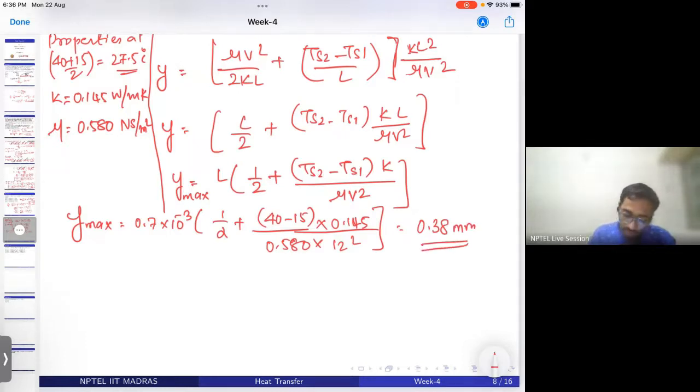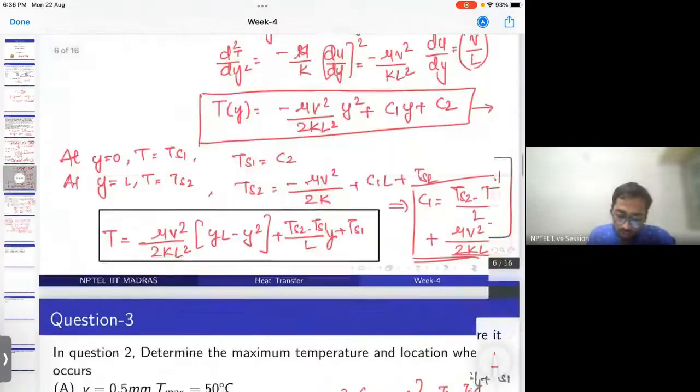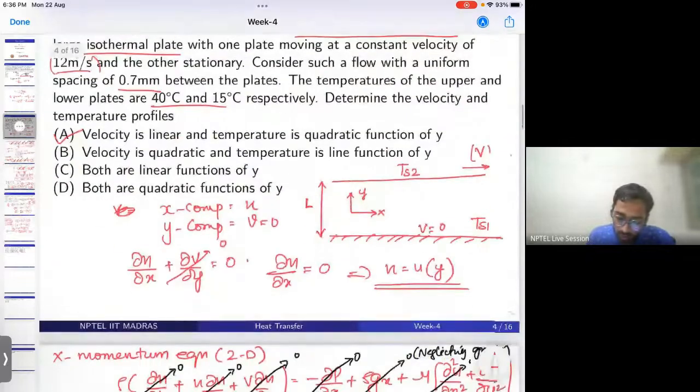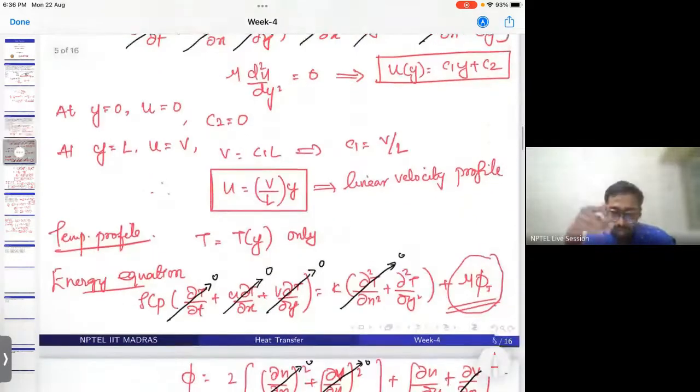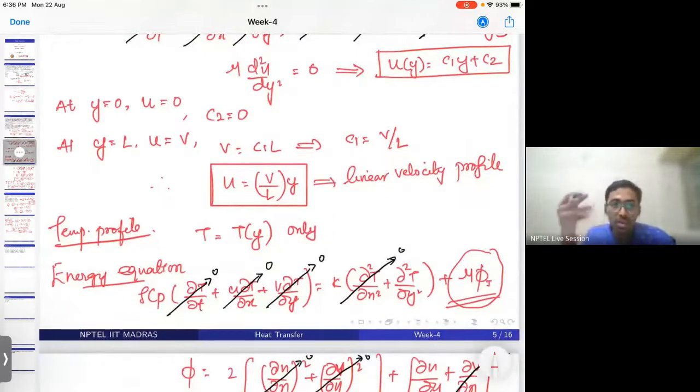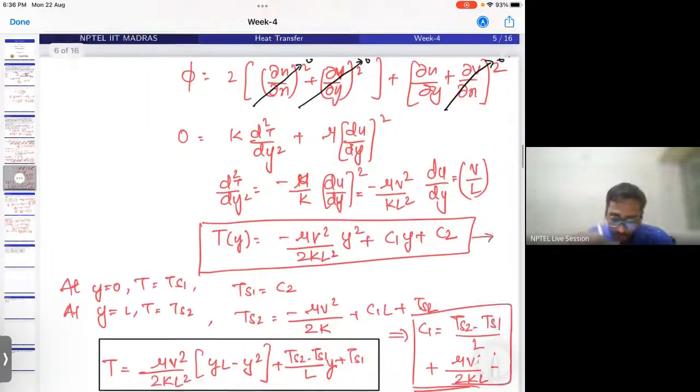One thing we have to consider is that we derived all this by measuring y from the bottom plate. You can measure y from the top plate. You can take your own nomenclature, or set the coordinate as you wish.